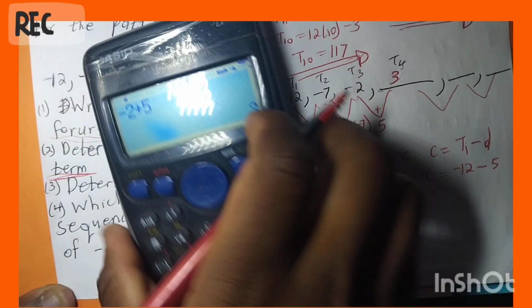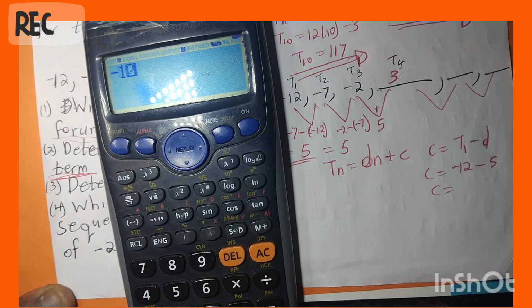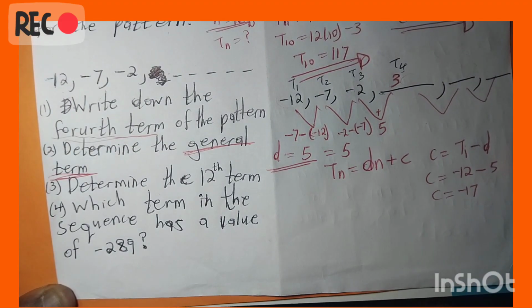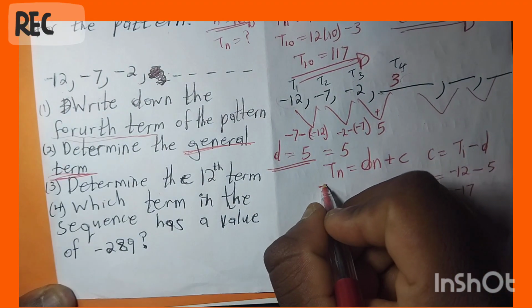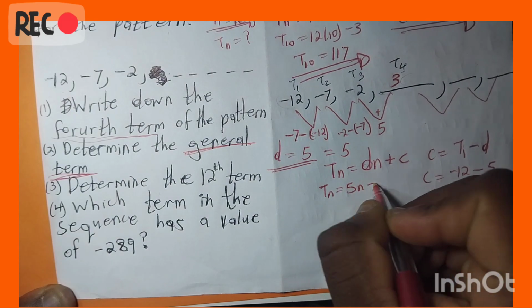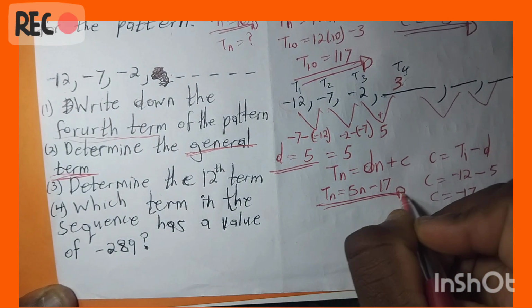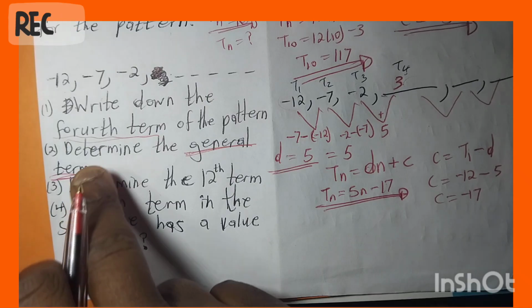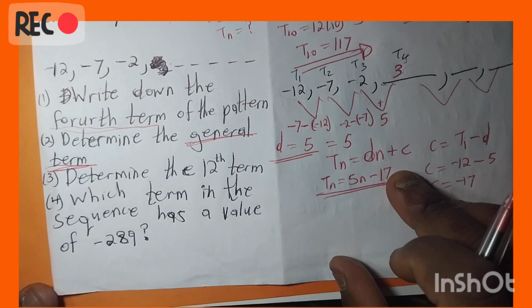Meaning this will give me negative 17. So my general term now will become 5n minus 17. So this one is the general term of the pattern there.